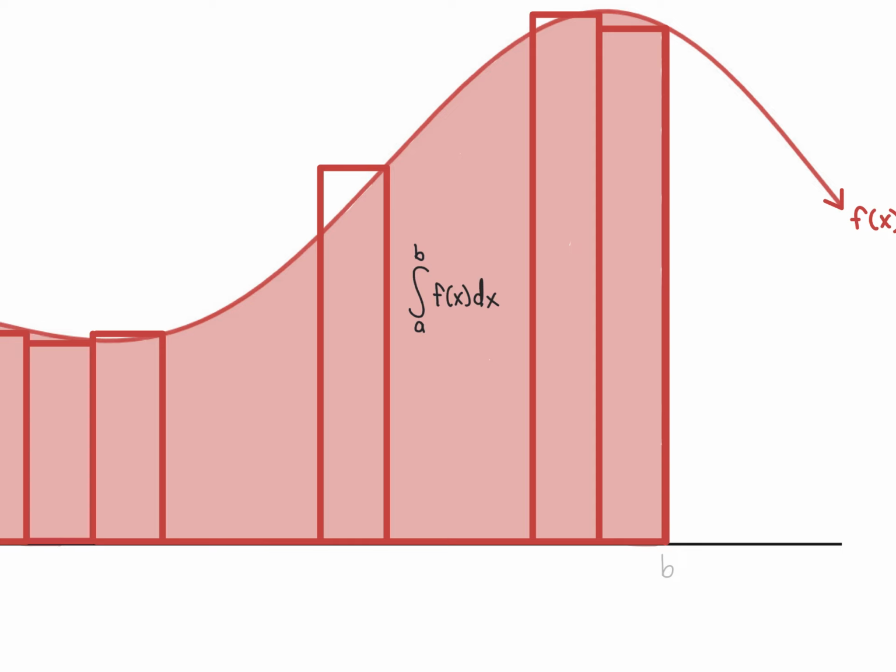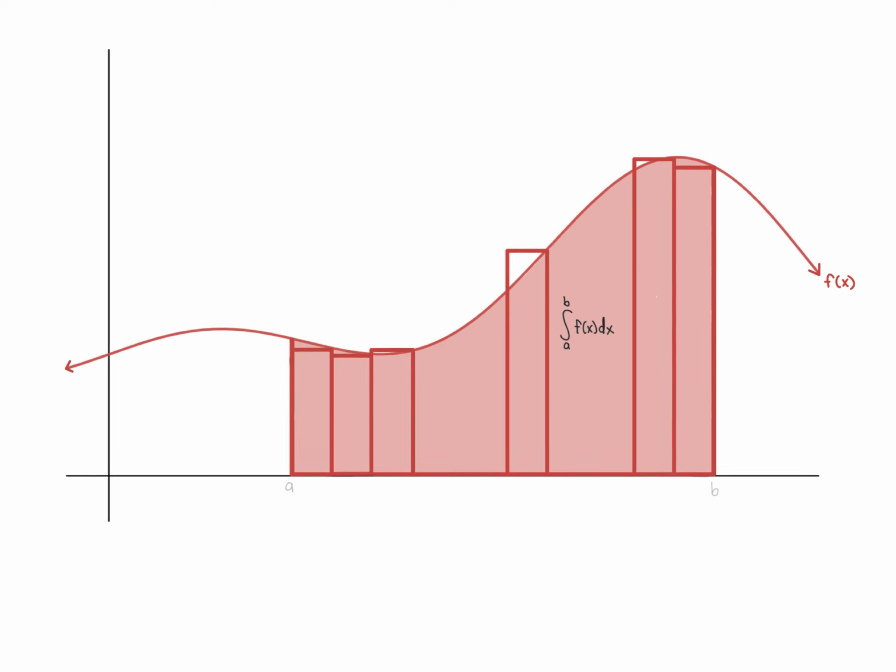This represents the interval that you're integrating over, that is, the area between this function and the x-axis. This little dx we won't worry about too much for now. It just represents the variable that you're integrating with respect to. For now, this function is in terms of x, and we'll be integrating with respect to x, and so that's kind of normal.